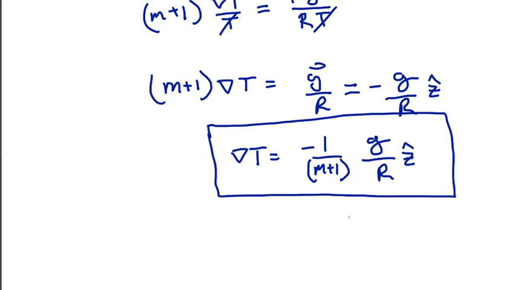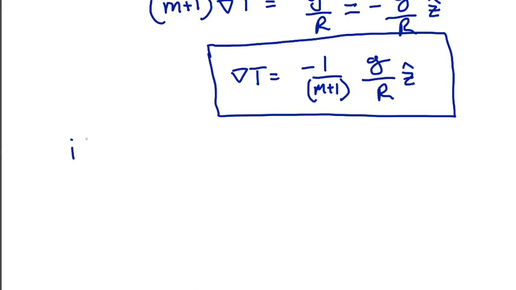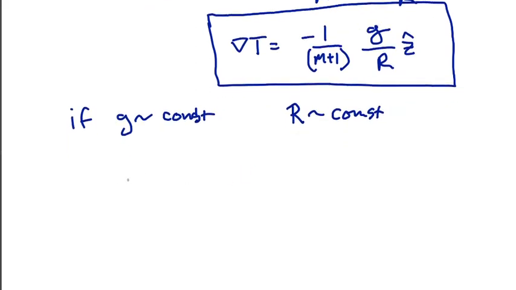Now, there are some nice properties to this. If the gravity is constant, which it is for an atmosphere like the Earth's atmosphere, where we have a large condensed mass underneath us, and if the gas is the same everywhere, so that R is constant, then grad T itself is constant.